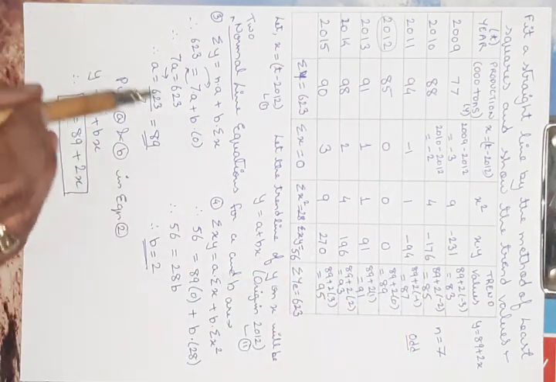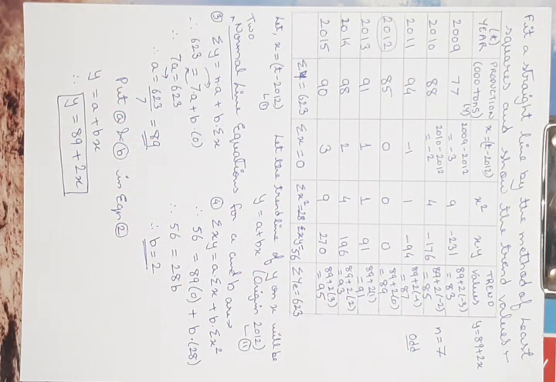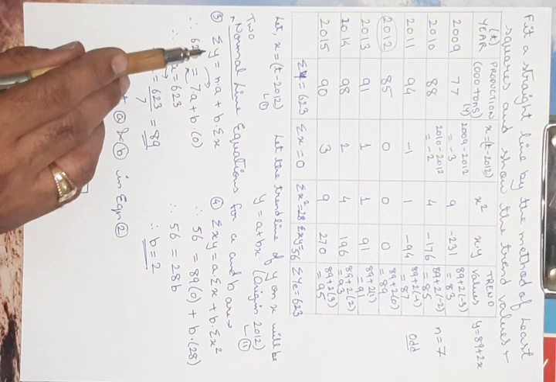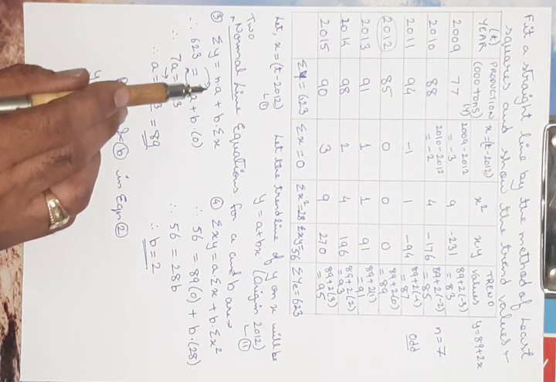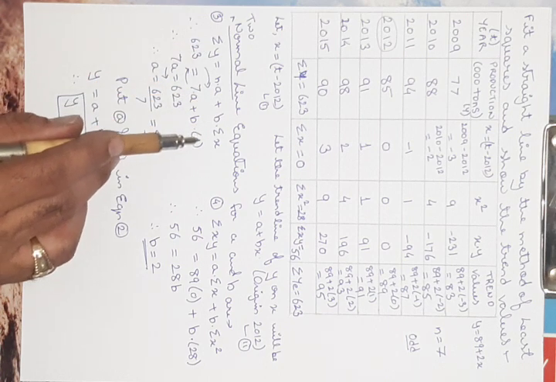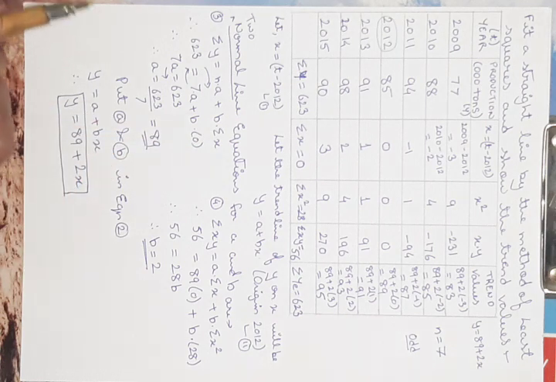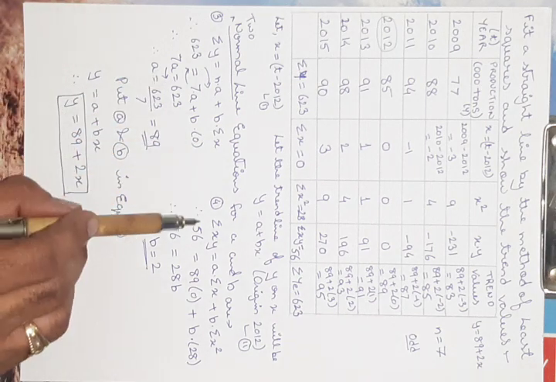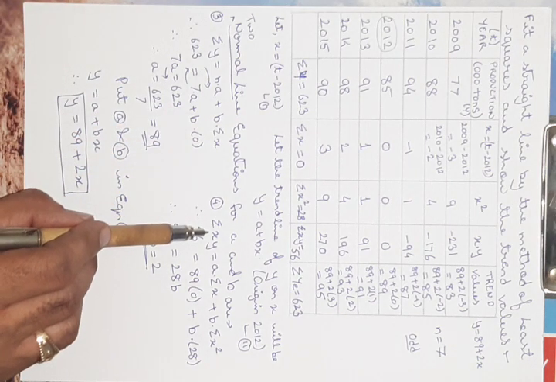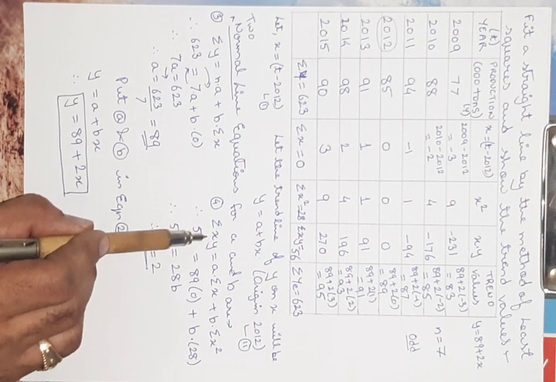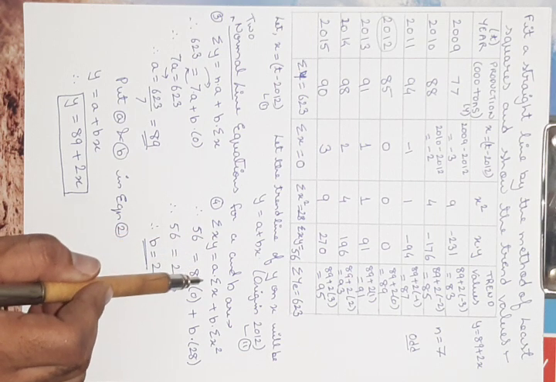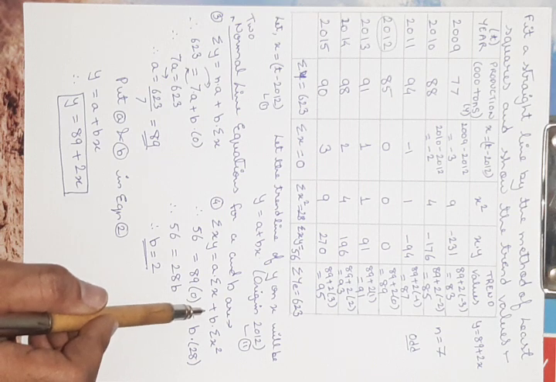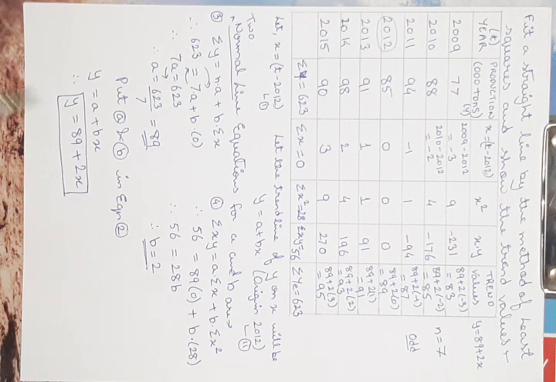These were the values. Now the two normal line equations, that is summation of y is equal to n into a plus b into summation of x. Then the next normal line equation, summation of x into y is equal to a into summation of x plus b into summation of x square.